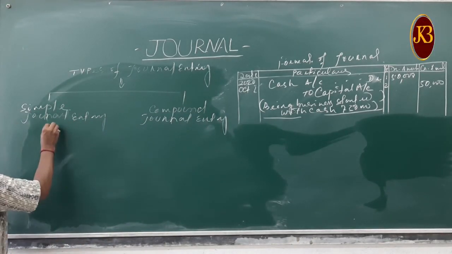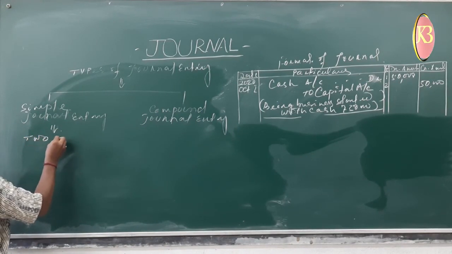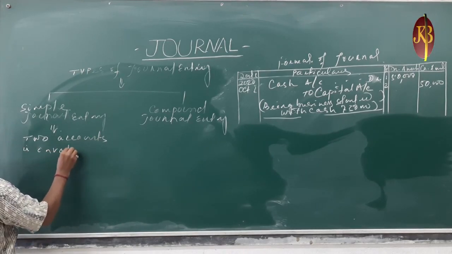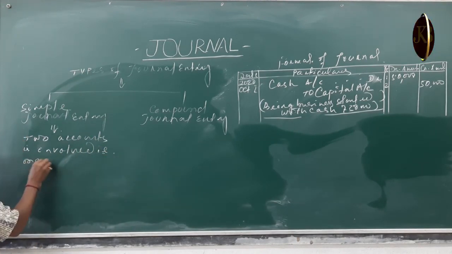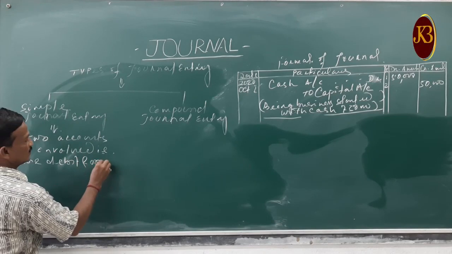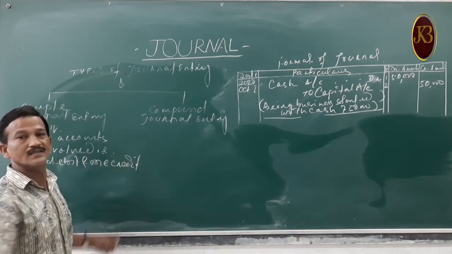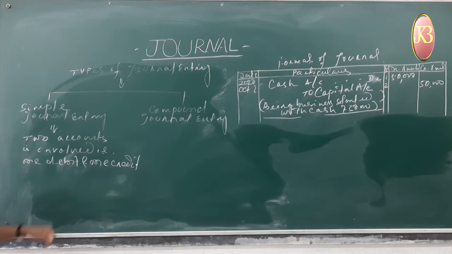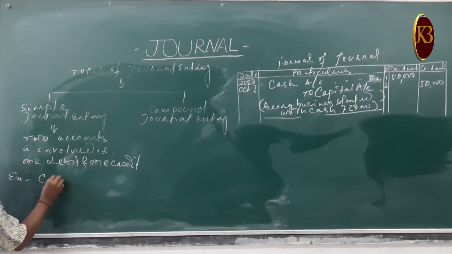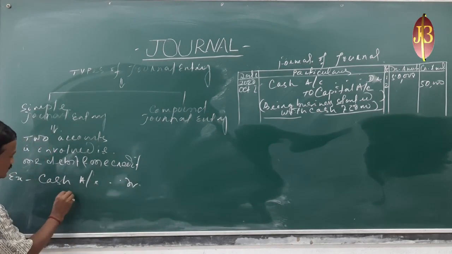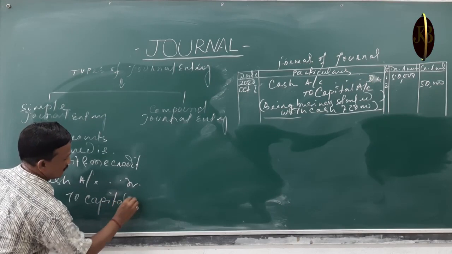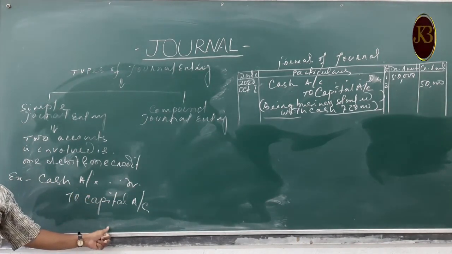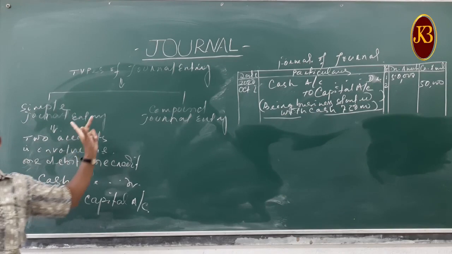A simple journal entry is a journal entry in which two accounts are involved, that is, one debit and one credit. So cash account debited to capital account is a simple journal entry, because one account is debited and another account is credited. This type of journal entry is called a simple journal entry.